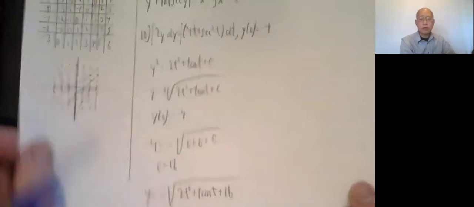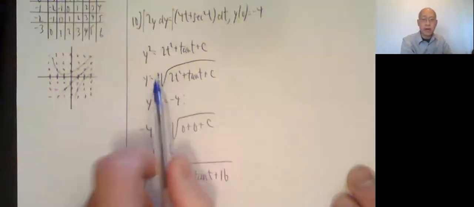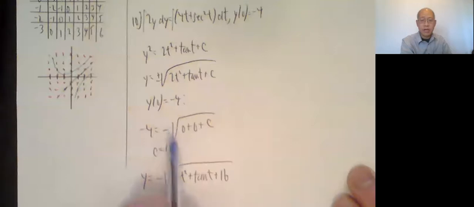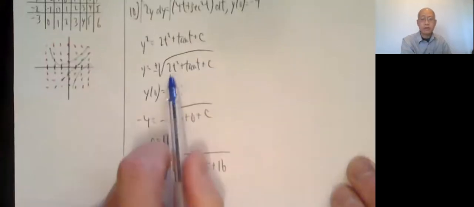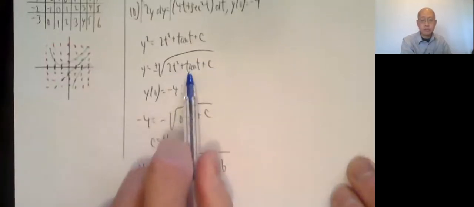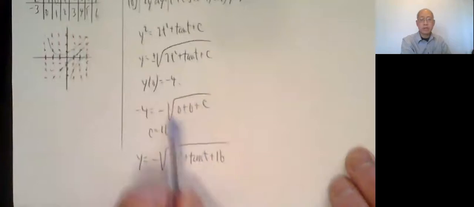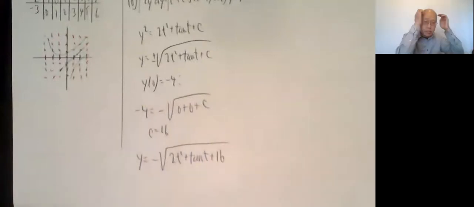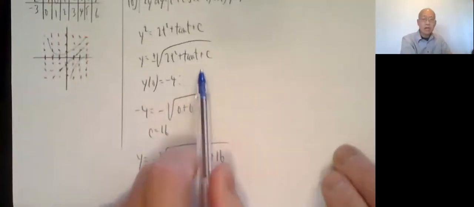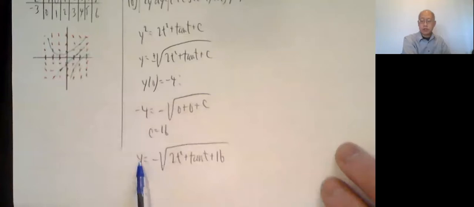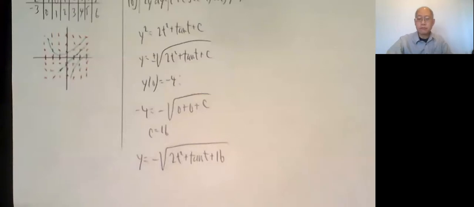So if the left side is going to be negative 4, I don't want the positive, I want the negative. Negative square root of 0 plus 0, tangent of 0, 0, plus c. Square both sides, c is equal to 16. Plug that back in here. So the function is y equals negative square root of 2t squared plus tangent t plus 16.